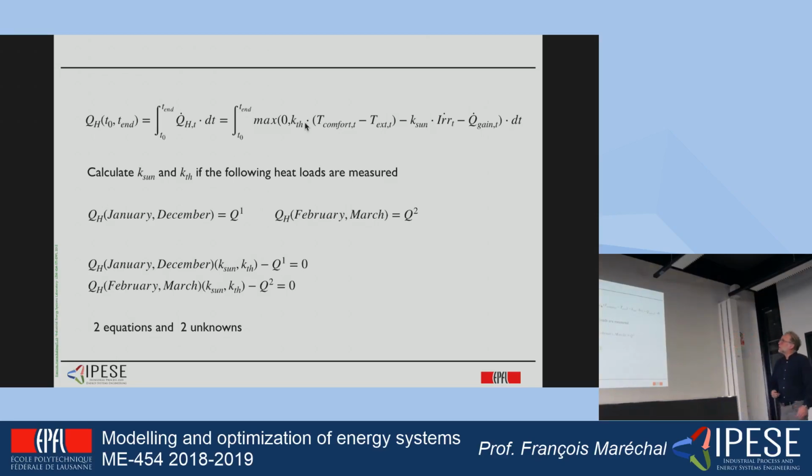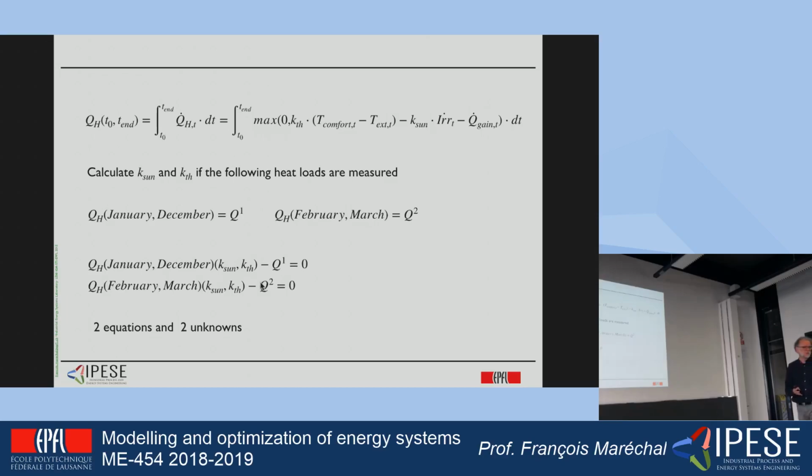Okay? So what I would like you to do is to try to solve this problem, which is to calculate the value of Kson and Kth in such a way that the heat load supplied over the year is equal to Q1, and the heat load supplied from February to March is equal to Q2.